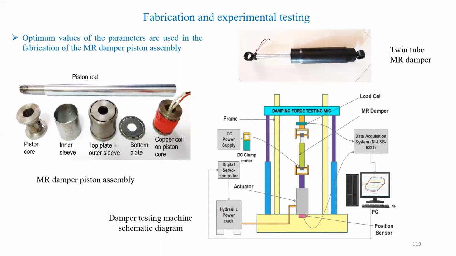This entire assembly is covered with the top plate, so this oil will not go, and then the bottom plate covers this, and after that the whole thing is put inside the twin tube. This is a twin tube. This twin tube they purchased from outside, and they have made this and put the MR fluid. Probably they have used this. I do not know.